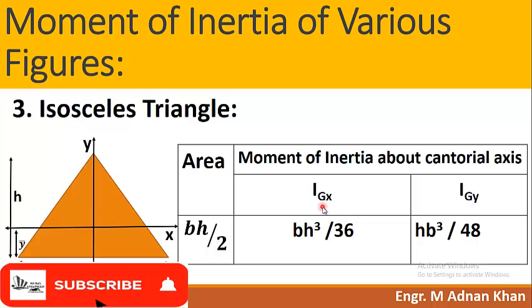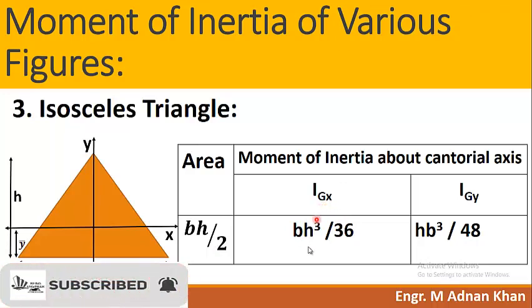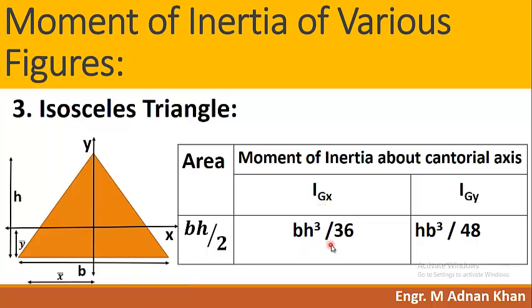Its moment of inertia about the x-axis is given as bh cube divided by 36, similar to that of the right angle triangle. But the moment of inertia about the y-axis for the isosceles triangle is given as hb cube divided by 48. Remember these values. These values will help you in solving the problems.